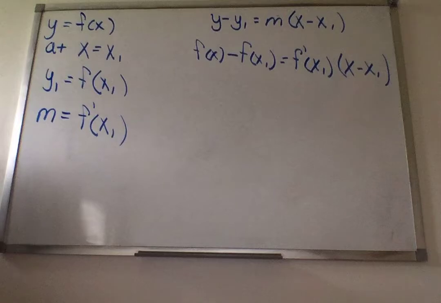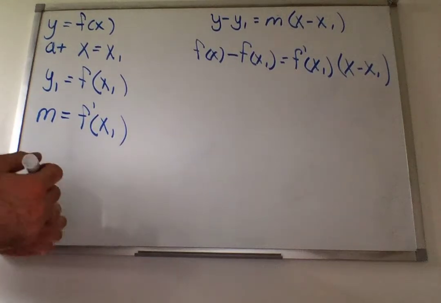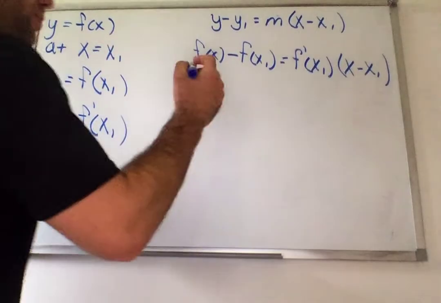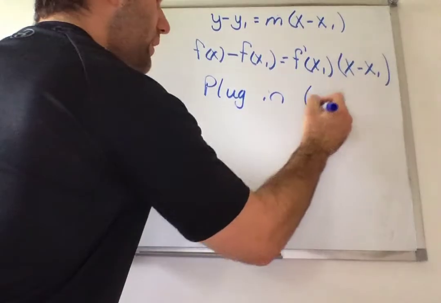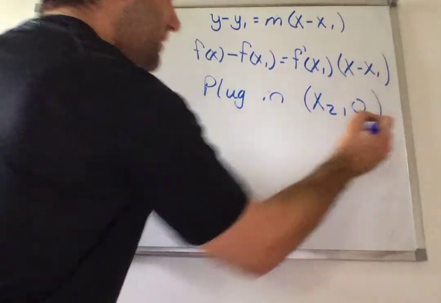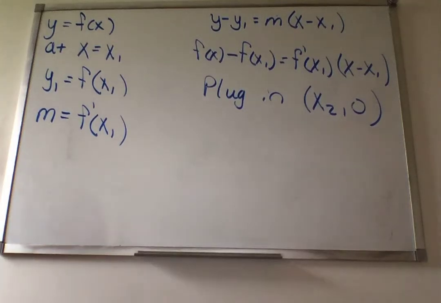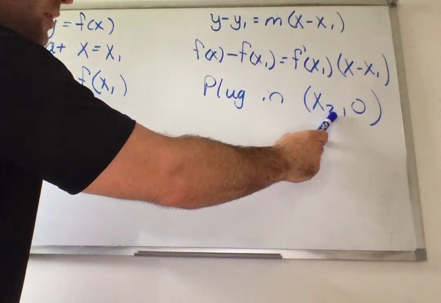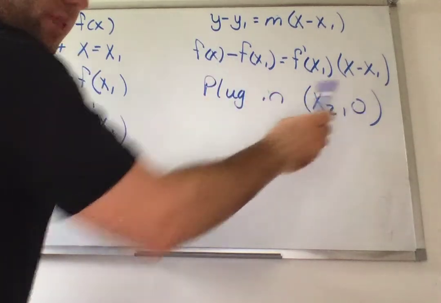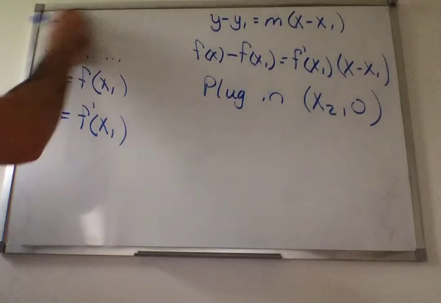Now, what we're going to do is plug in this point right here: x2 comma 0. That means for the x right here, I'm going to plug in x2. For the f of x right here, I'm going to plug in 0. Now let me explain why we're doing that and how Newton's method is going to work.